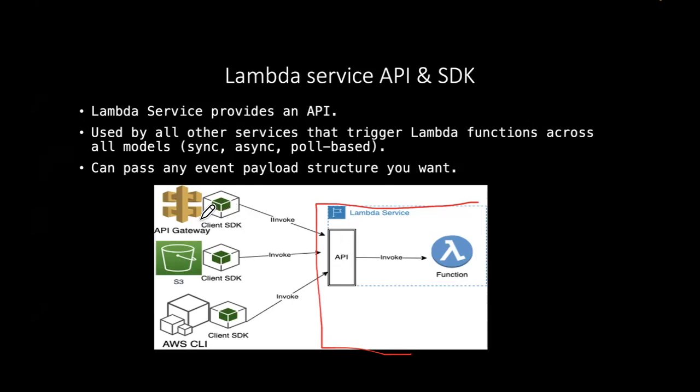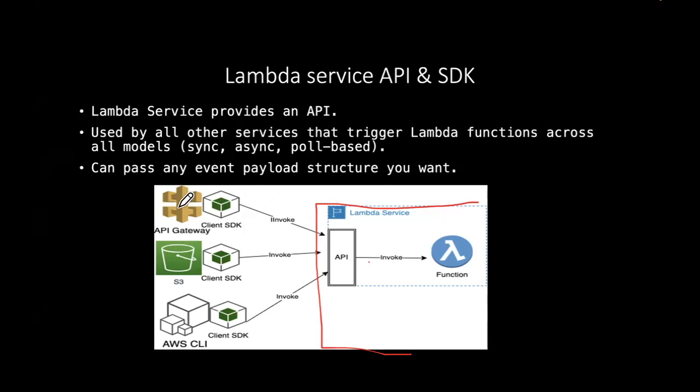And so any other service that wants to communicate with Lambda service uses that SDK. These would typically be the sources for the events that are triggering my Lambda functions.